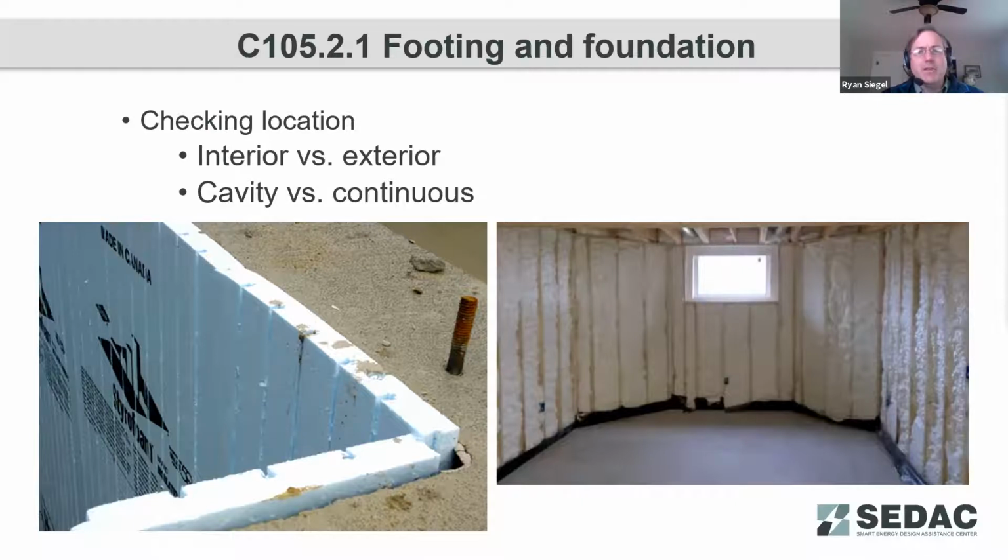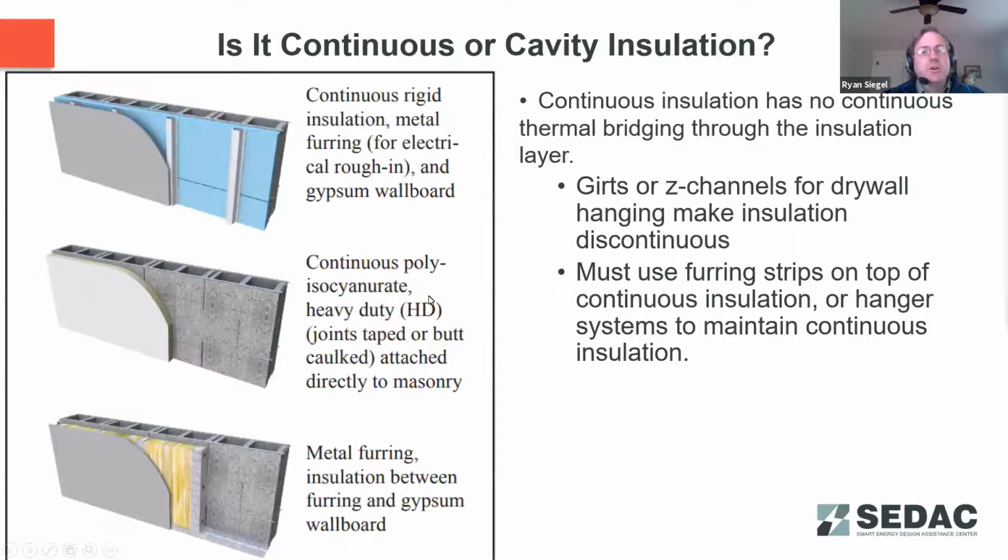So if you have like a continuous Z channel across it, that would not be continuous insulation, because that's not just at the fastener locations. So being aware of that. Z channels would be bridging through that, so that would not be providing that continuous insulation.